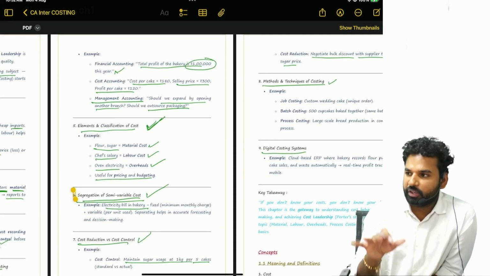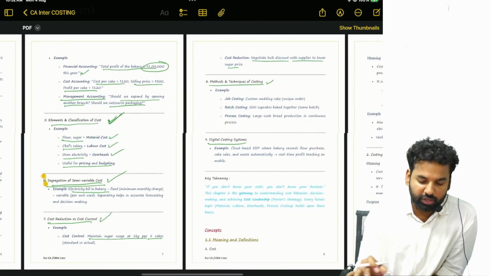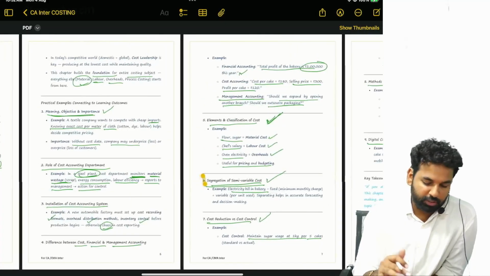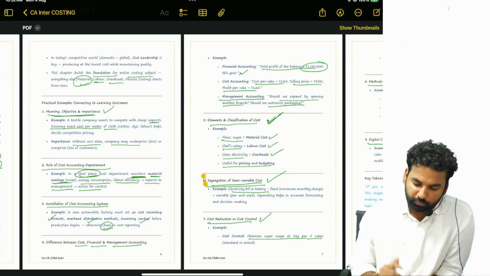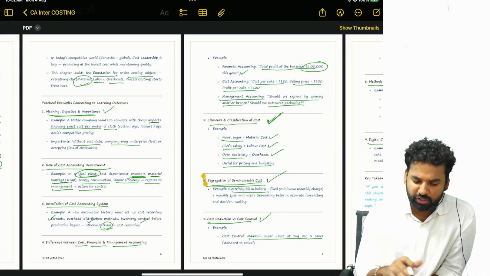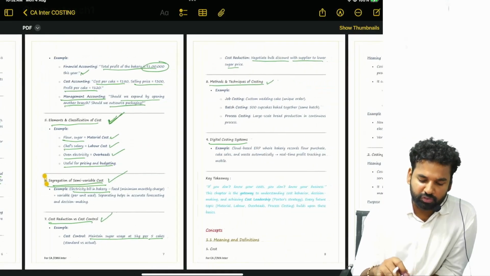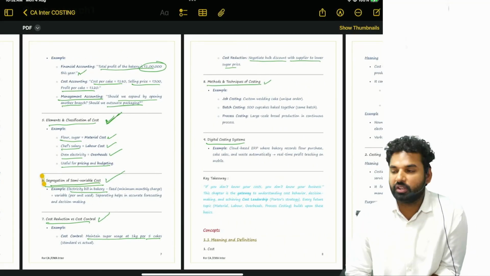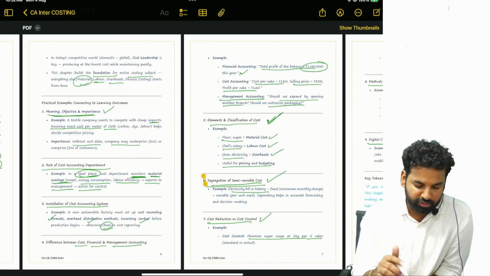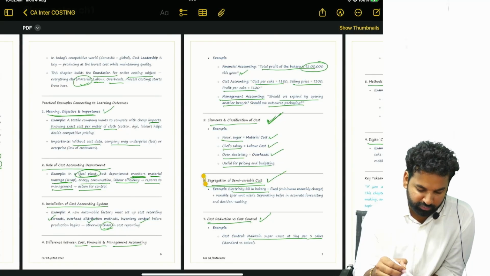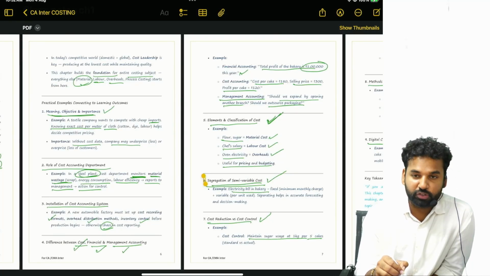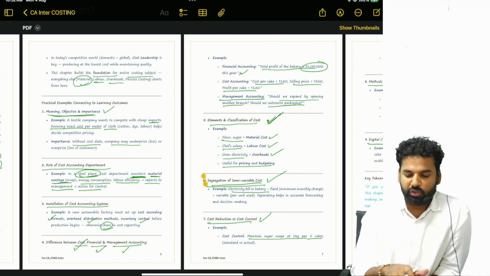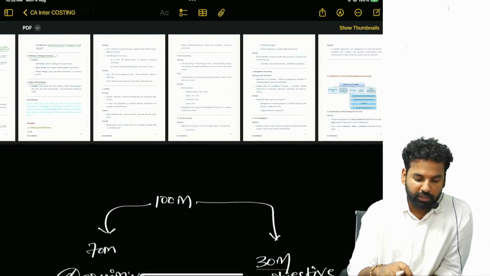Out of this, we have already studied some: meaning and objectives, cost reduction, cost control, segregation of semi-variable cost, classification of the cost. I think the differences between cost based financial management and management accounting we have seen. So far, right.